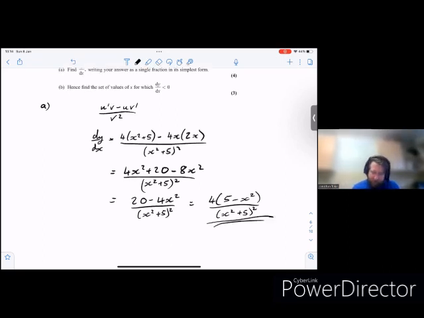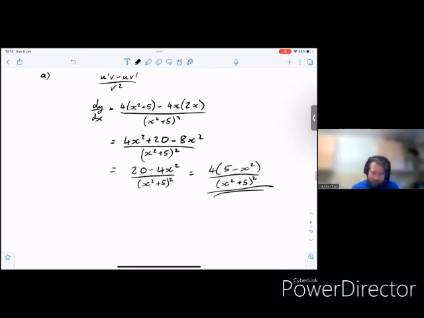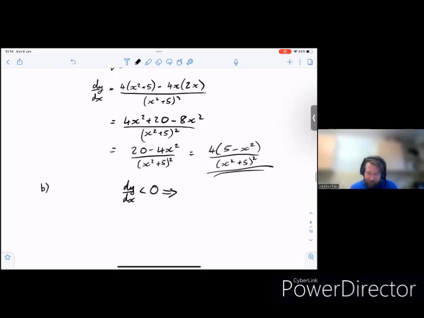Part B, find the values for which dy by dx is less than 0. So that denominator is never less than 0. So we're just interested in where the numerator is less than 0.